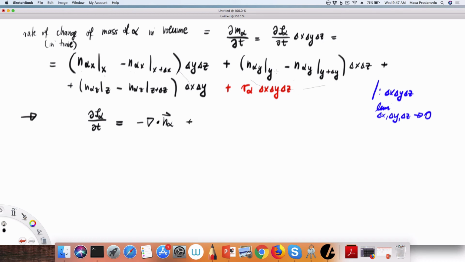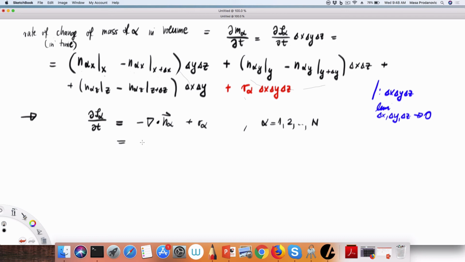And what's going to be left here is just R alpha. And this is true for every species alpha. So this is my equation of continuity for a single species.